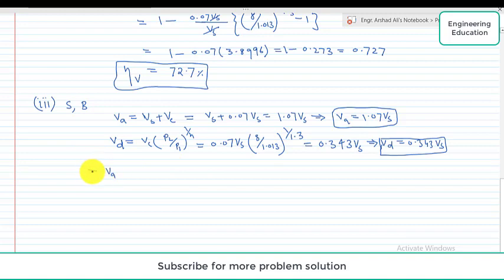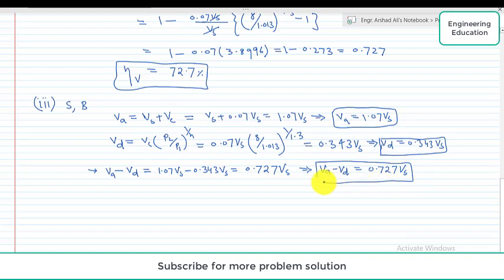So VA minus Vd is equal to 1.07 times Vs minus 0.343 Vs. So the difference is 0.727 times Vs. So we get VA minus Vd is equal to 0.727 times Vs. Also, from part 1, we know that free air delivery is equal to VA minus Vd into N.